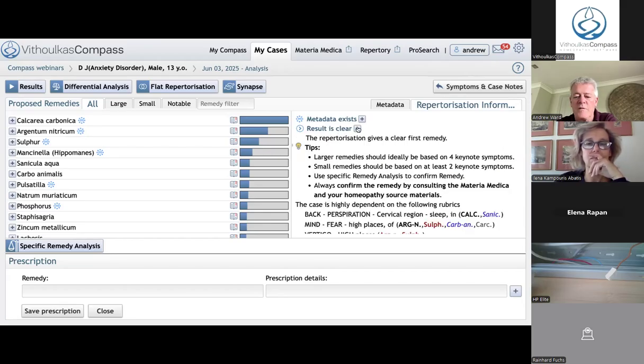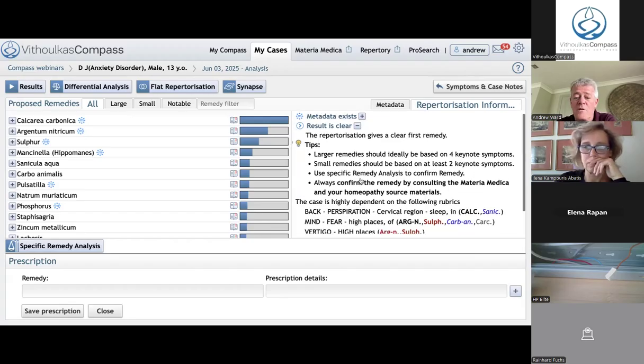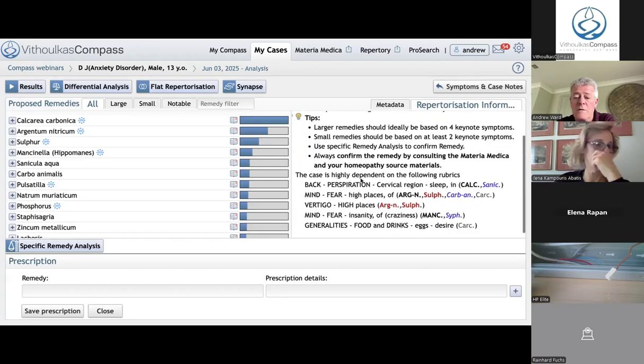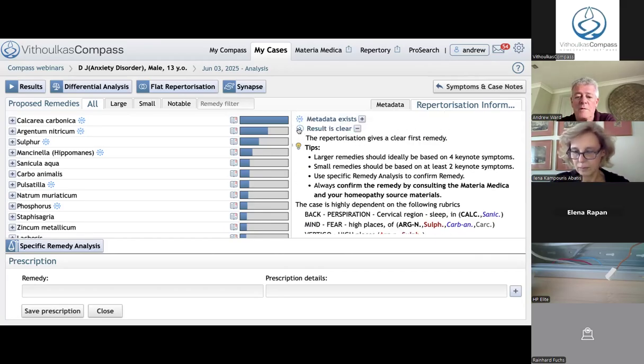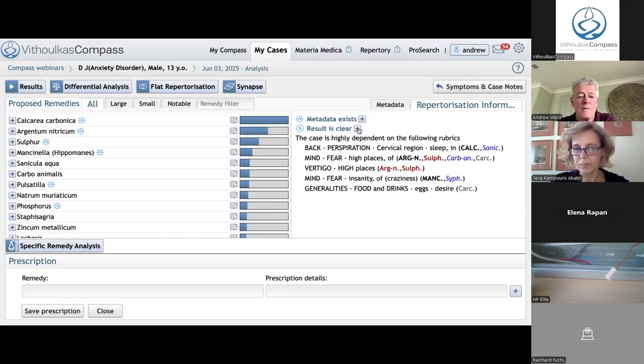This gives you a little bit of information about your case taking and some tips, which is useful. And the case is highly dependent on the following rubrics where we see why certain remedies come up.